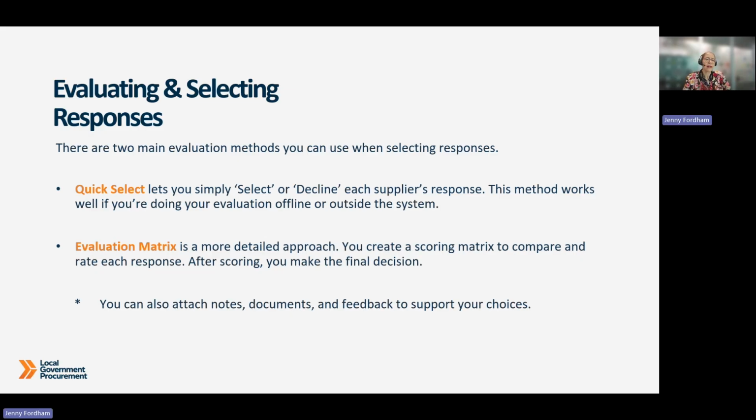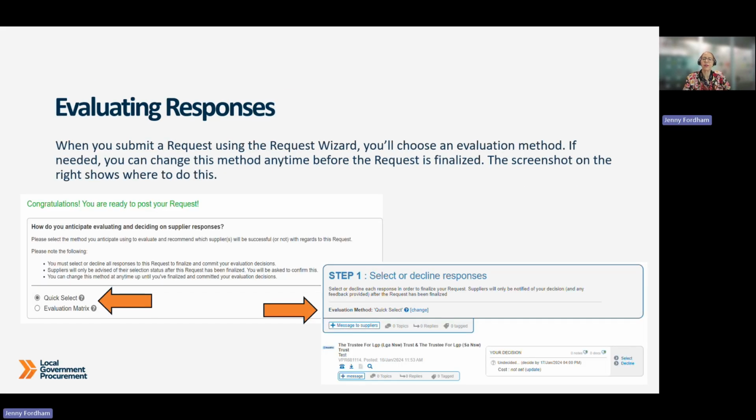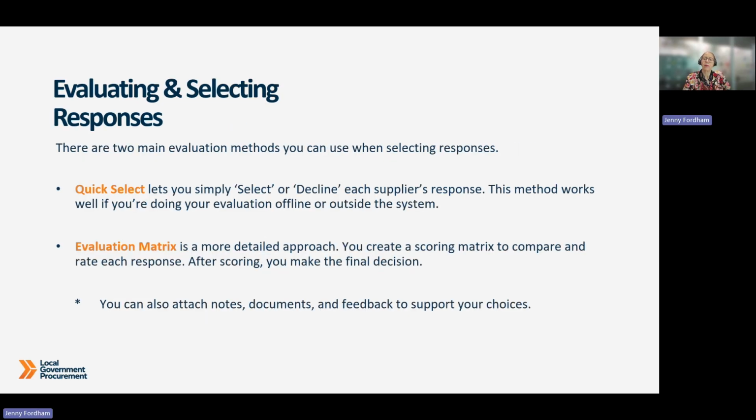And the evaluation matrix gives you a more structured way to compare your quotes. And you can add notes, you can upload documents and provide feedback. This ensures your evaluation is well documented, making it easier to explain, audit, and refer back to later.